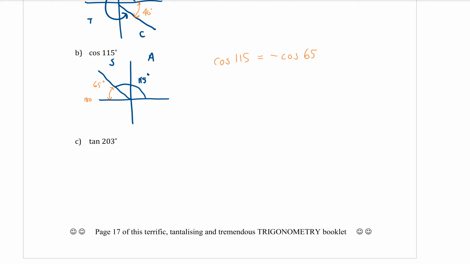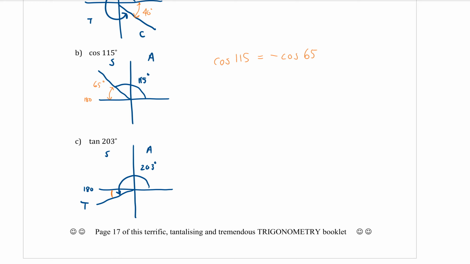All right, one more. Tan of 203. 203 degrees is going to be slightly past the 180 down here. So all stations to central, we're in the tan quadrant. We start by finding the acute angle to the nearest horizontal line. We are in the 180 plus theta quadrant.